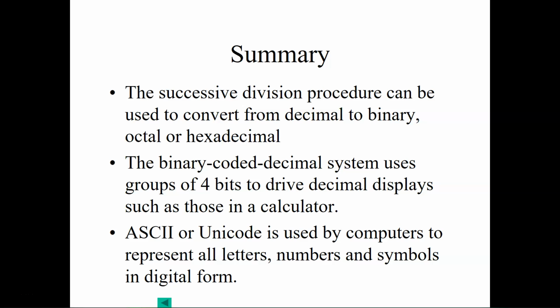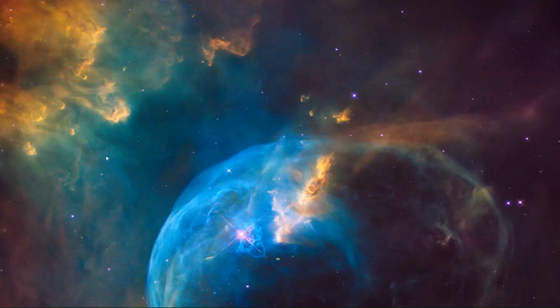So we can convert from decimal to binary, octal, or hexadecimal. The binary coded decimal system uses groups of 4 bits to drive decimal displays, such as those in a calculator or on your computer. Okay. Any questions about any of that, guys?